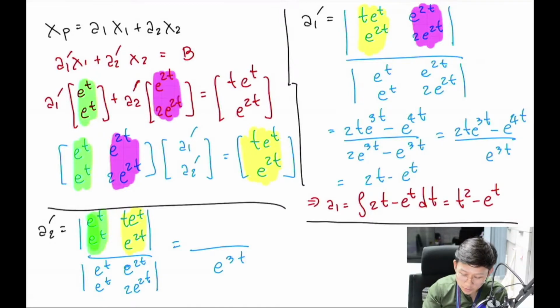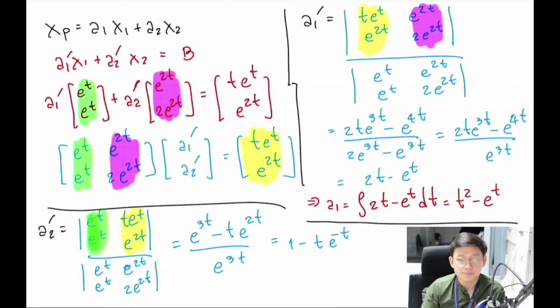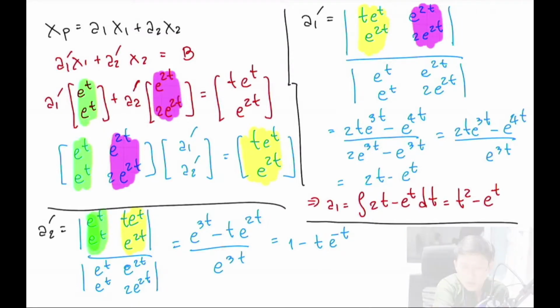So here what you have is e to the 3t minus t e to the 2t, which gives 1 minus t e to the minus t. You need to find a2, so your a2 would be the integral of 1 minus t e to the minus t dt.